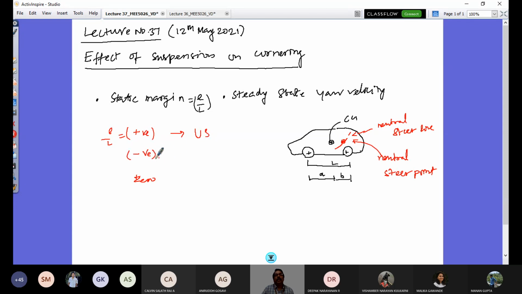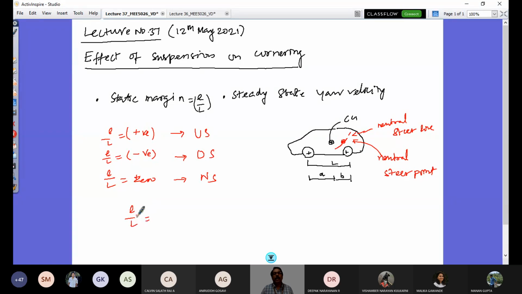When it has a negative value, that is, when it is in front of the CG, then it is an oversteer tendency. And when it is zero, that means the neutral steer point coincides with the CG location. Then it is called neutral steer.